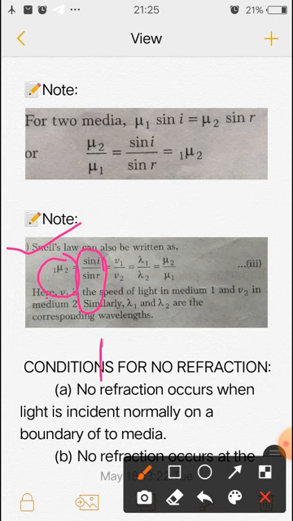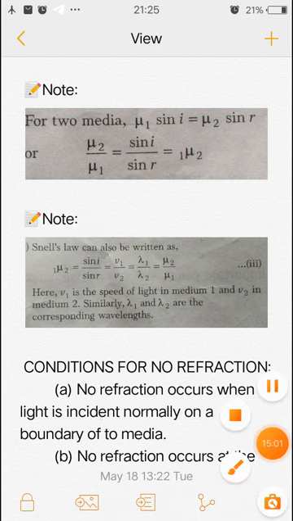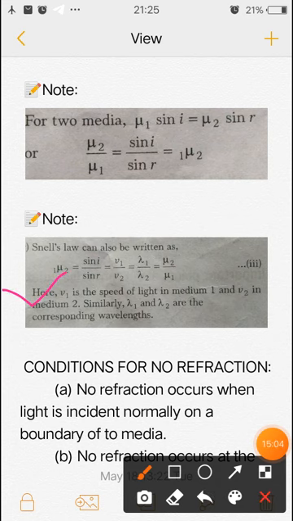Remember, 1 stands for the first medium and 2 stands for the second medium. Here v1 is the speed of light in medium 1 and v2 in medium 2. Similarly, lambda 1 and lambda 2 are the corresponding wavelengths.